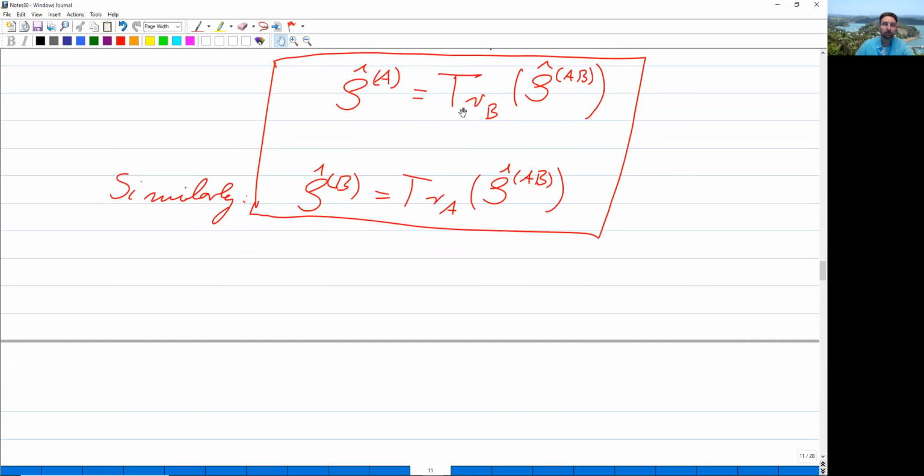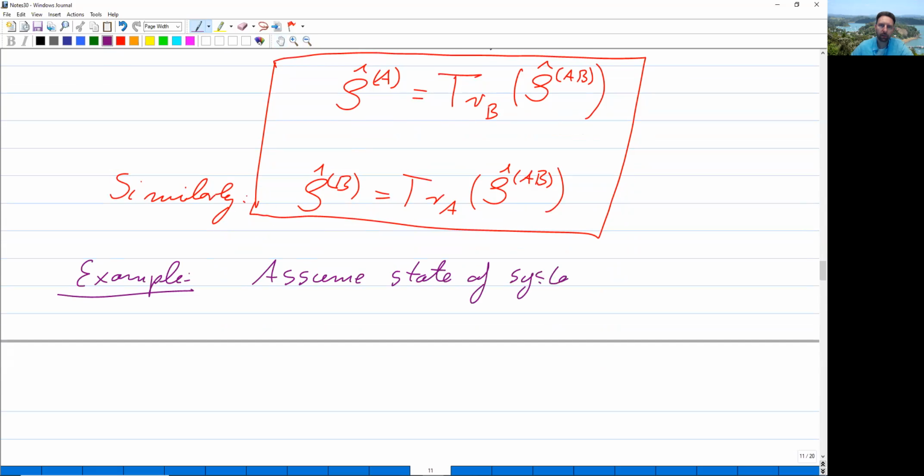Let's do an example. Assume the state of system AB is pure.